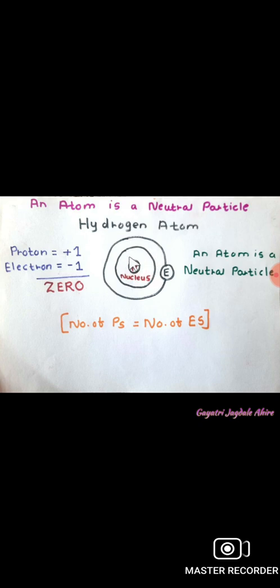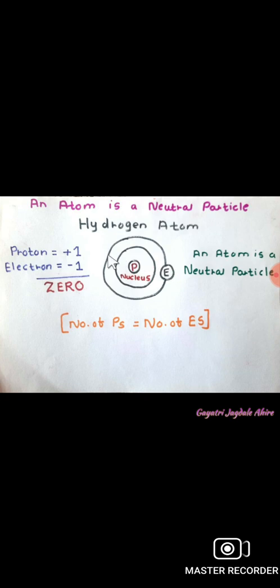This is a hydrogen atom, and in that only one proton is there in the nucleus and only one electron that is revolving around the nucleus.